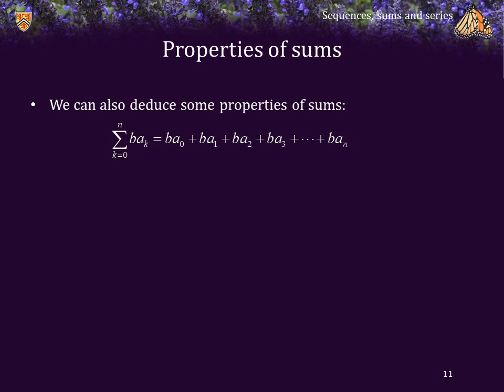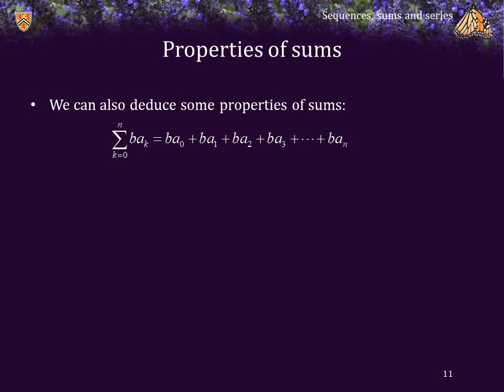Now let's look at some other properties of sums. Suppose we had b times a sub k being the term of the sum. Well, that's just b times a sub naught plus b times a sub 1 plus b times a sub 2, and so on and so forth.